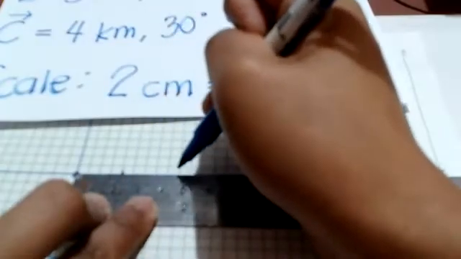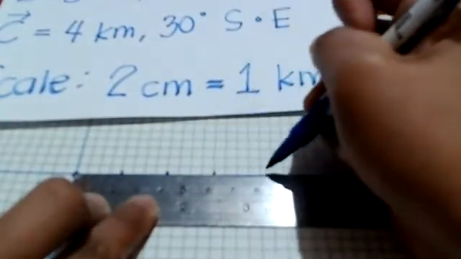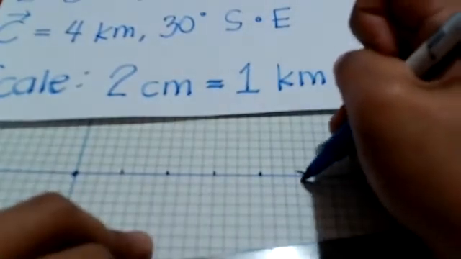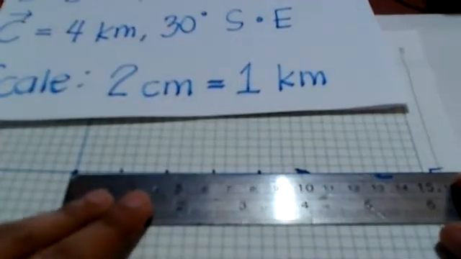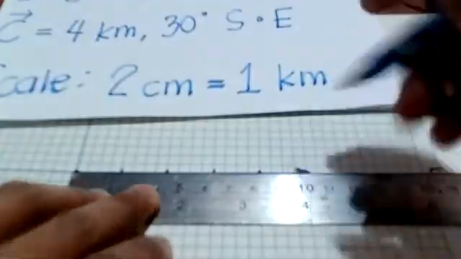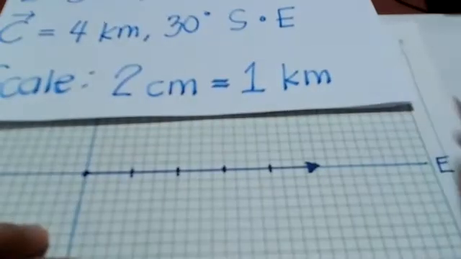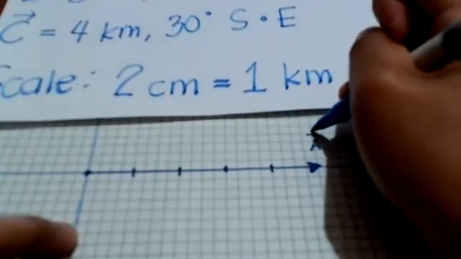This is 1 kilometer, 2 kilometers, 3 kilometers, 4 kilometers, and then 5 kilometers. Then you put your arrowhead. You just simply have to double the line to emphasize vector A. So I will label this one as vector A.